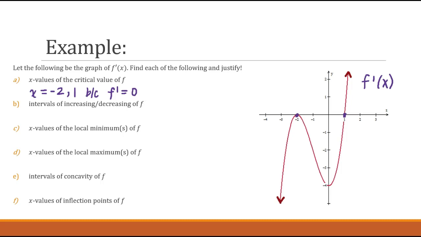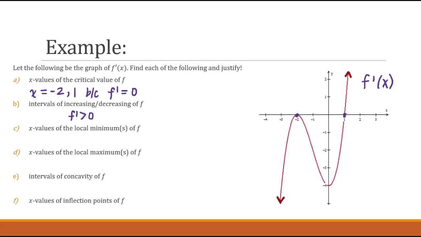So now what are the intervals of increasing or decreasing of f? So let's go ahead and again think about increasing first, and its justification would be, well, f prime would need to be positive. So f prime would need to be greater than 0. Let's start with increasing. Well, that means that f prime needs to be above the x-axis.